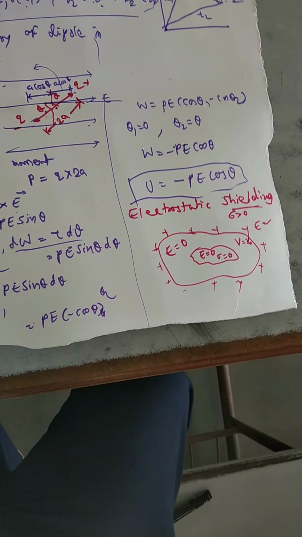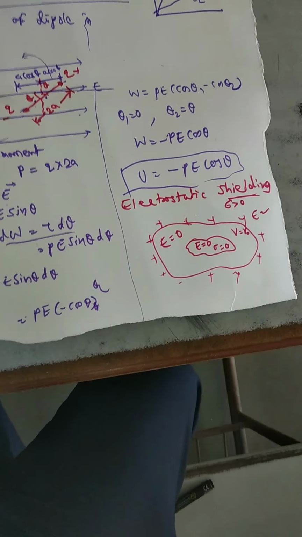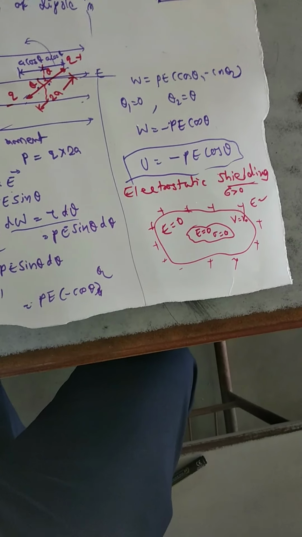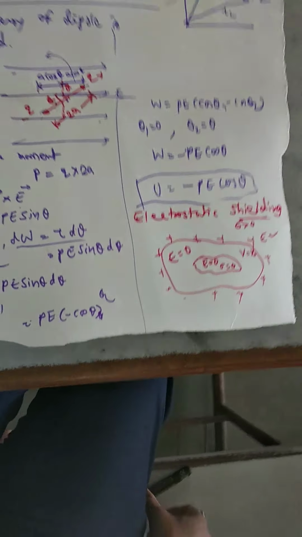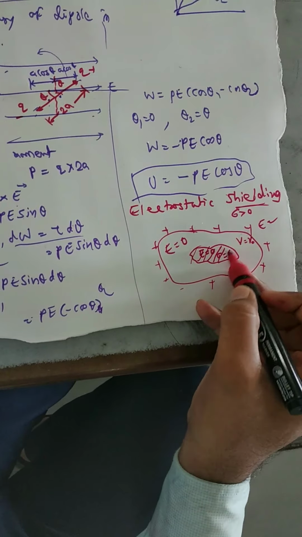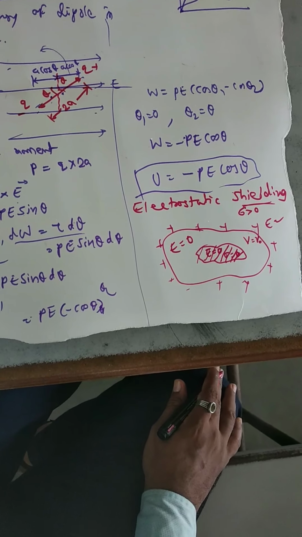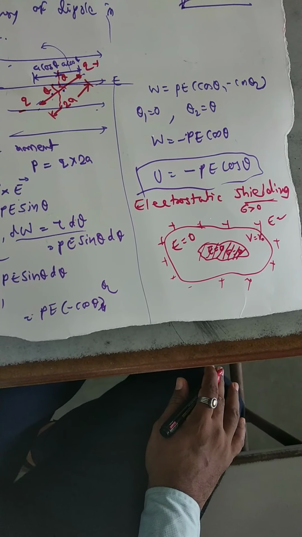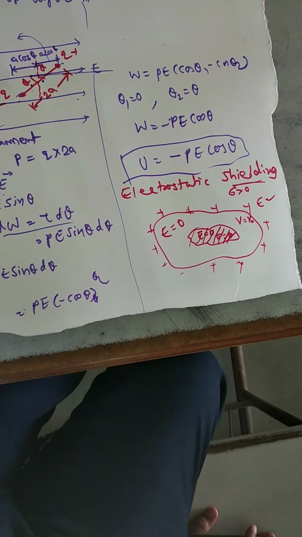It means if we provide any shielding area or any cavity area inside the conductor, or if we arrange any devices in such a way that we can provide one specific area in which no effect of electric field is observed, and also the value of surface charge density is 0.